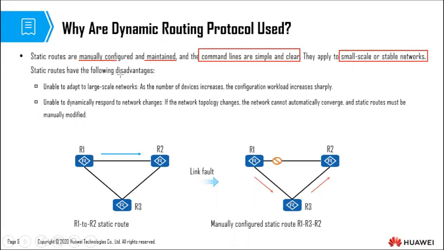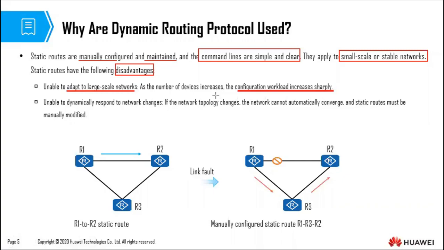The disadvantages of static routes: it cannot adapt to changes. As the number of devices increases, the configuration workload also increases sharply, because you have to manually configure each static route. You add a device, you have to configure it.